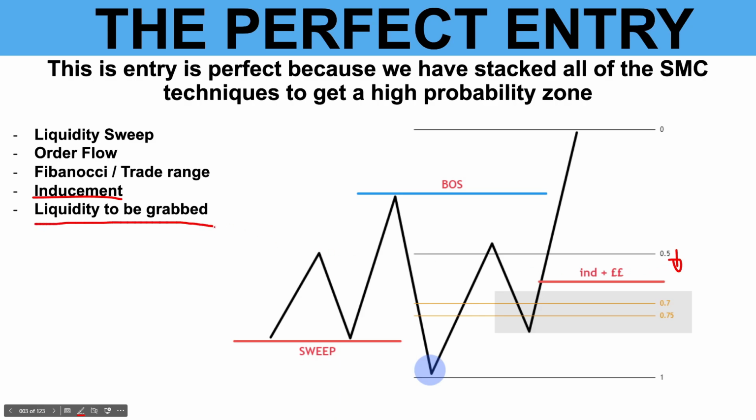And last things last, very similar to the inducement is liquidity to be grabbed. Again, look directly above the demand zone that you are trying to trade, and look to see if there is liquidity to be grabbed.